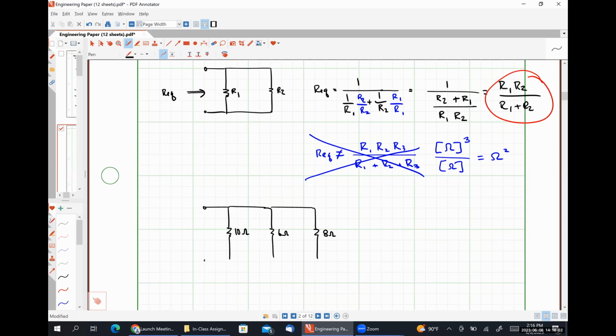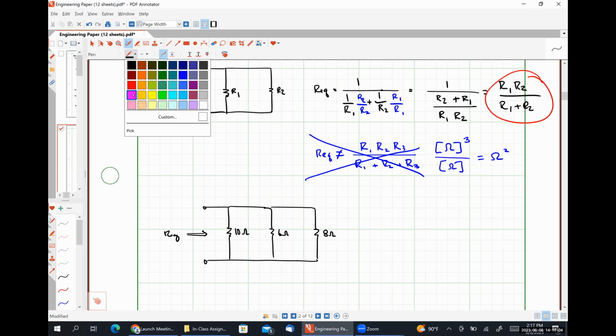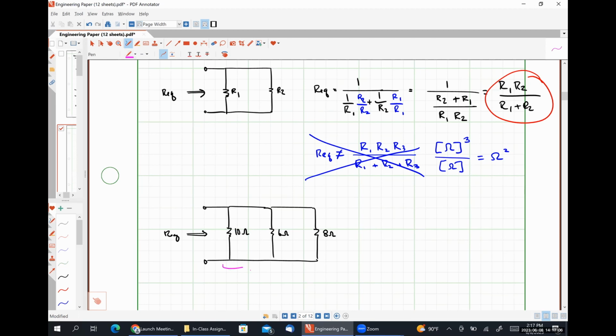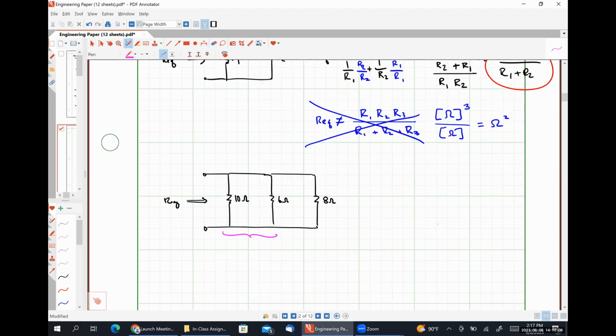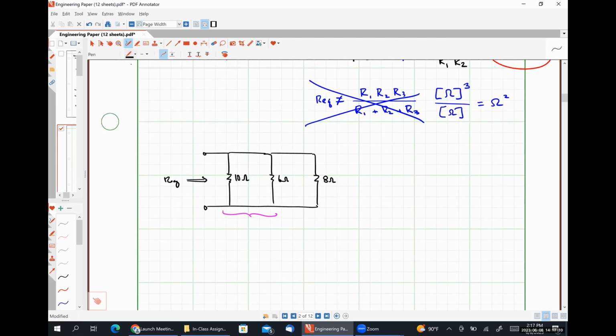And we're going to talk about how we can adapt it. Okay. So what I could do, if I were so inclined, would be to find the equivalent resistance of just these two, right? So that would be 10 times 6, which is 60, over 10 plus 6, which is 16.